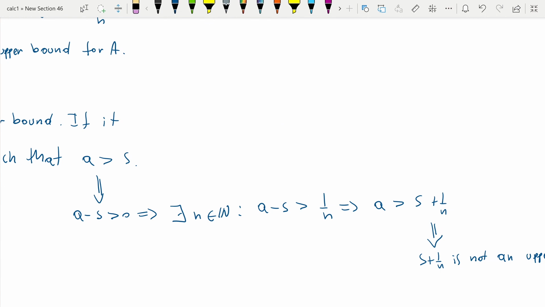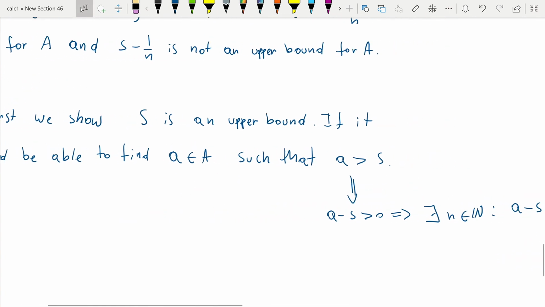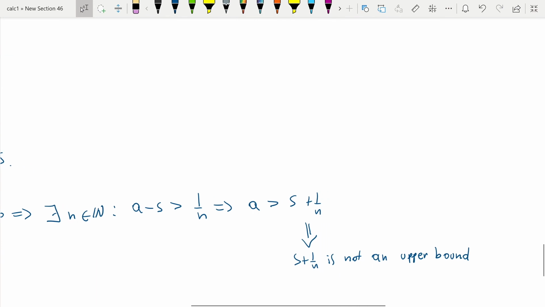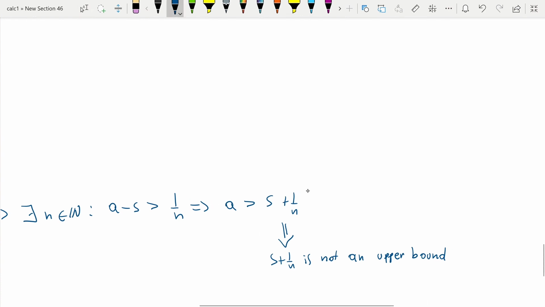Or, if you want to phrase it, it's a contrapositive.